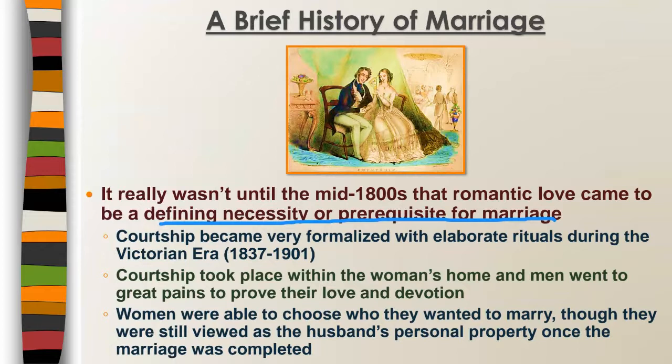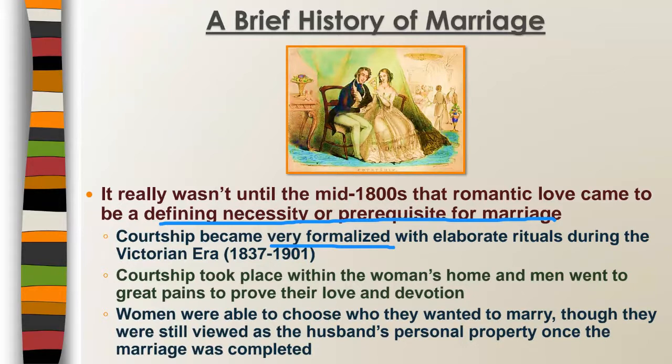So courtship became very, very ritualized and formalized during the Victorian era, the mid 1800s to 1901, and there were so many rules about it.